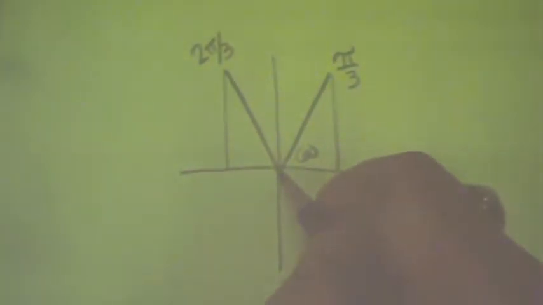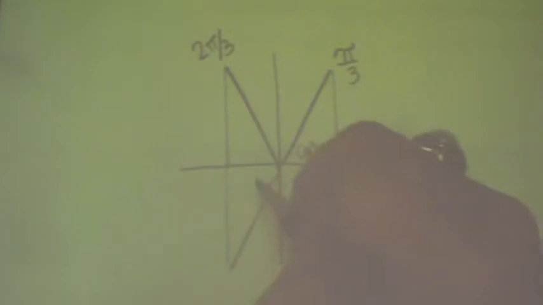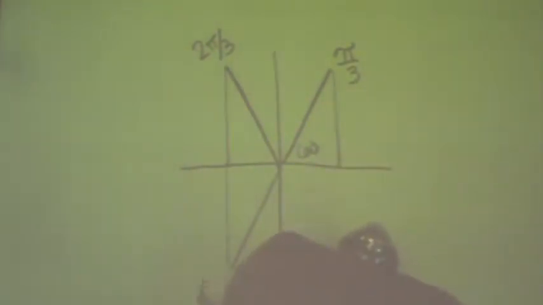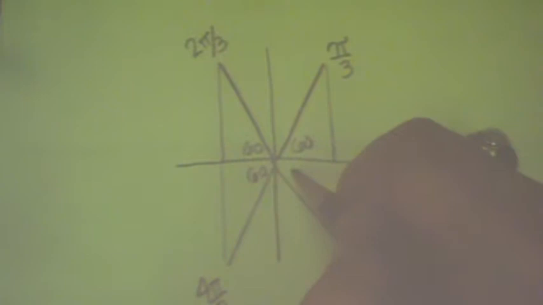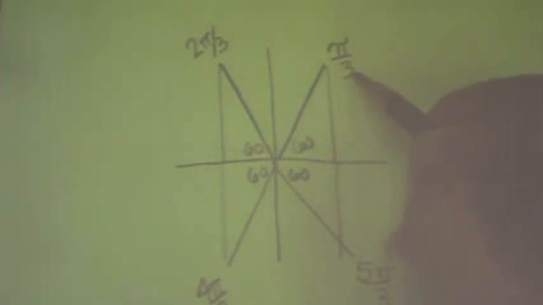Then we had this one. This was 2 pi over 3. Then we had 4 pi over 3. From here to here is 4 pi over 3. And what's the other one? Looks like a bow tie. 5 pi over 3. These are all the 60s off the x-axis. Do you see it? The ones that have a 3 in the bottom are 60 degrees off the x-axis.